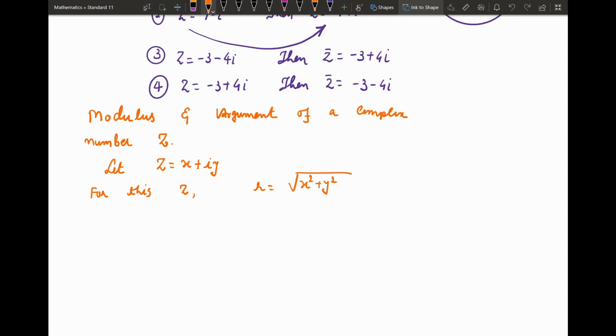We always consider the positive square root, that is under root of the square of the real part plus the square of the imaginary part, the sum of the squares of the real part and imaginary part.